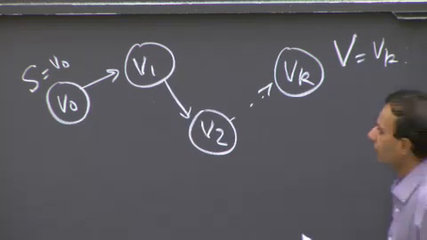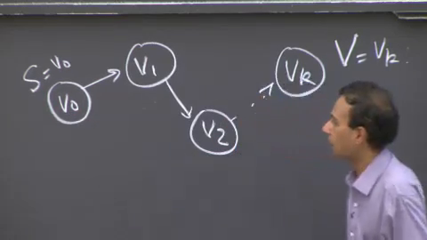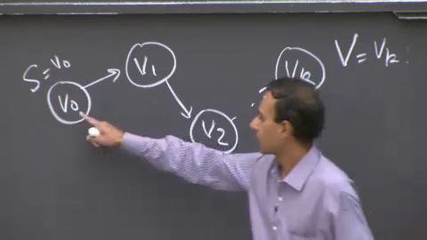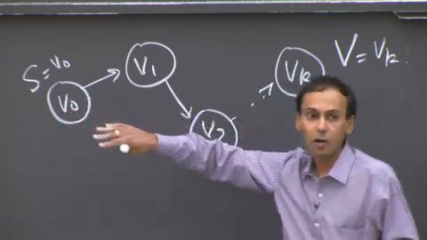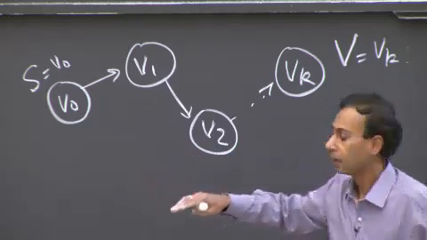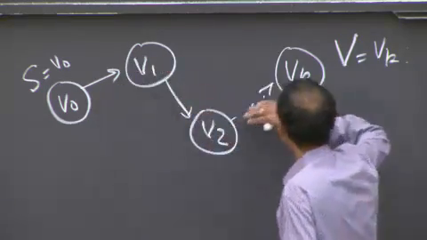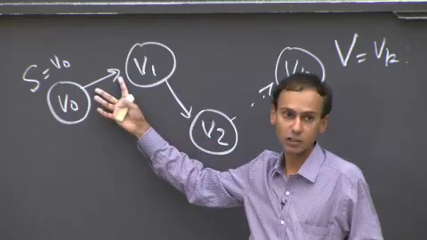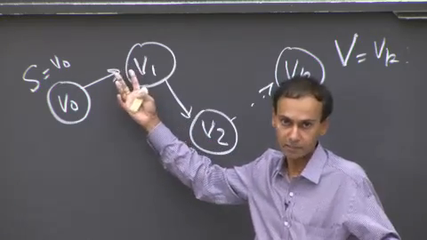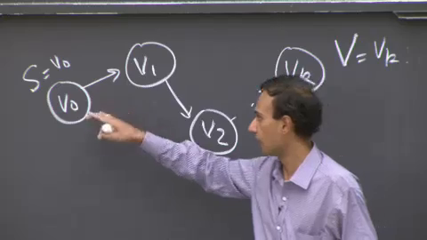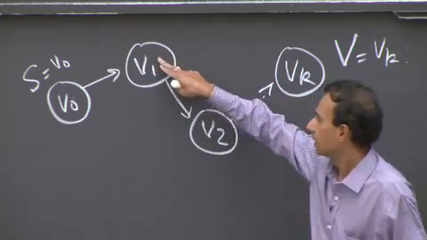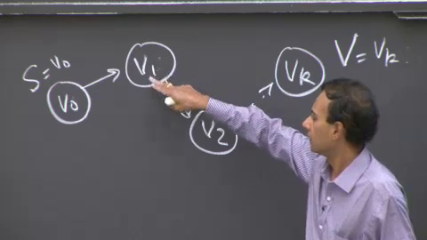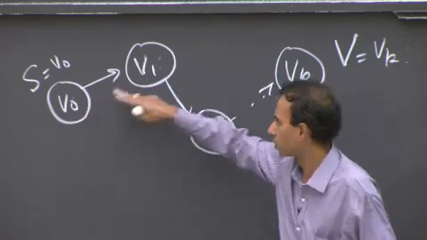Right, so at some point in the first pass, I'm going to relax this edge V0, V1. Okay? And at that point, thanks to the optimum substructure property, given that this is the shortest path, this has to be a shortest path as well. Any subset of the shortest path has to be a shortest path. I'm going to relax this edge, and I'm going to get the value of delta from S to V1.